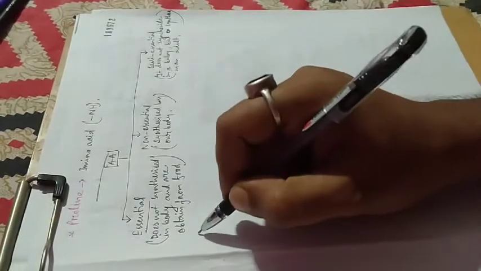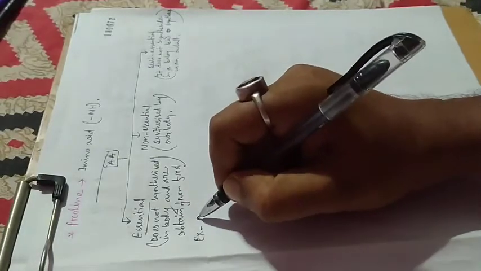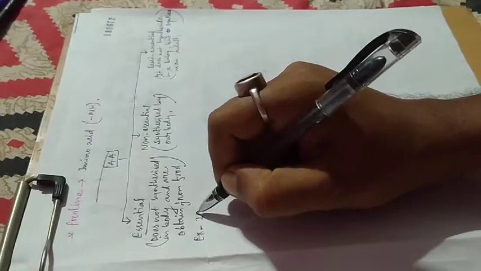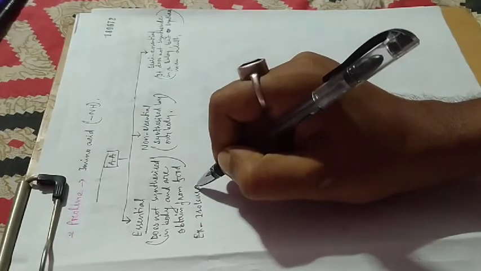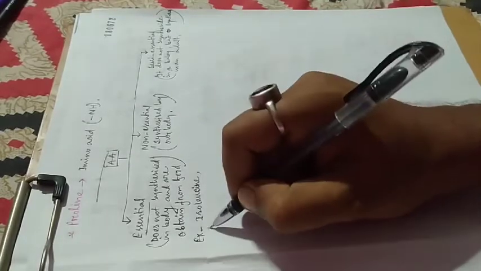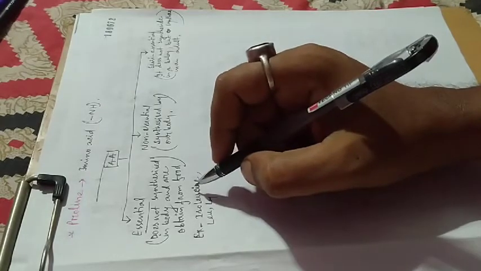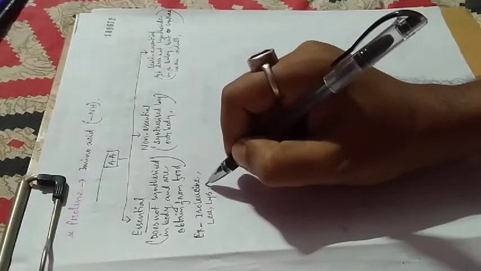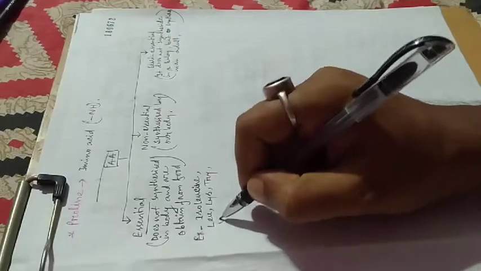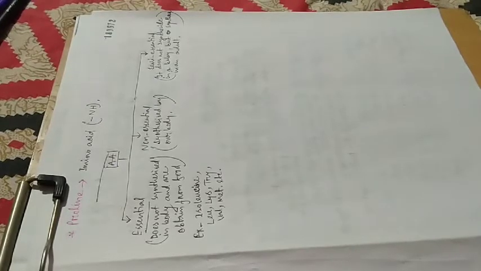Okay, then examples of the essential amino acids: isoleucine, leucine, lysine, tryptophan, valine, methionine, etc. Those are the essential amino acids.